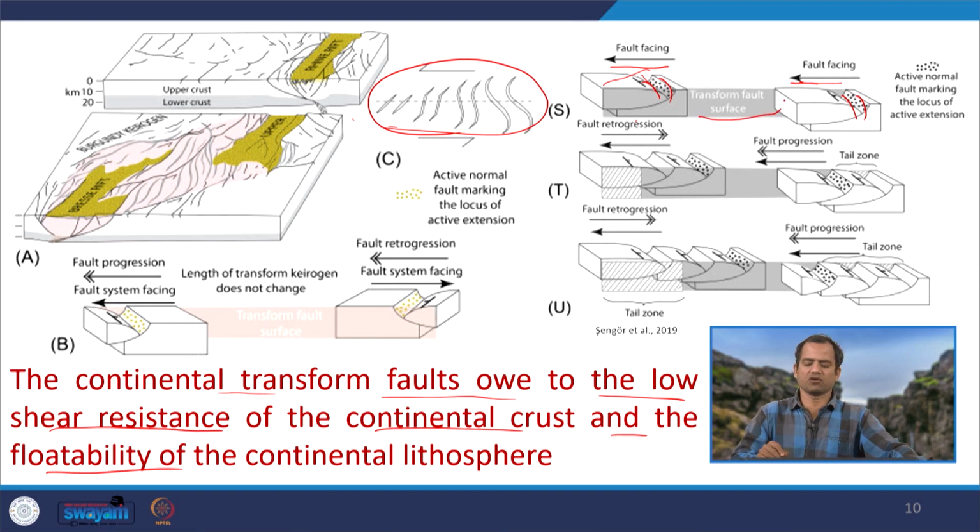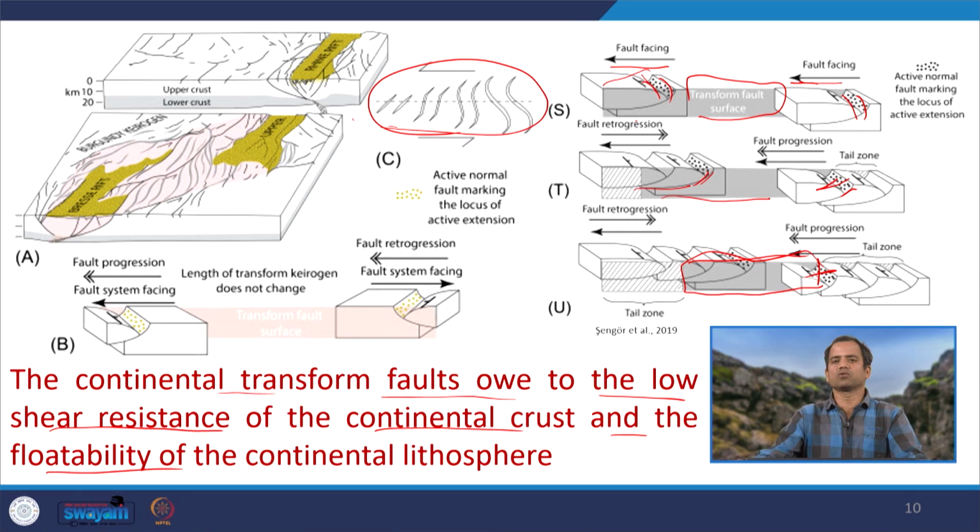This is the transform fault surface and, if you see here, gradually the length is decreasing, because here it is a normal fault, here it is also a normal fault, it is extending, and due to the extension gradually the length of this transform fault is decreasing. So, it can be well explained when we talk about the oceanic system. Here, due to movement towards each other, the length of this transform fault is gradually decreasing. See, the opposite may be true also.